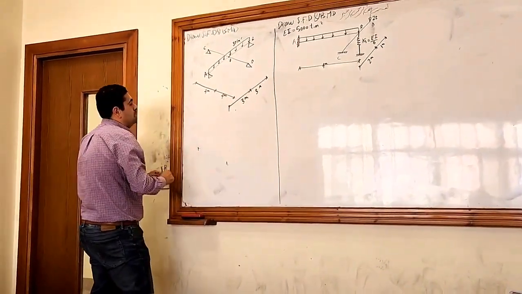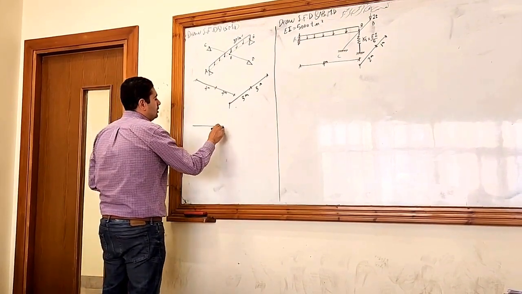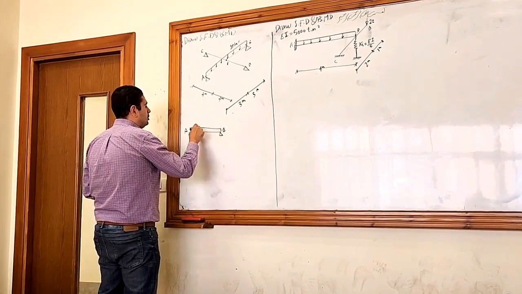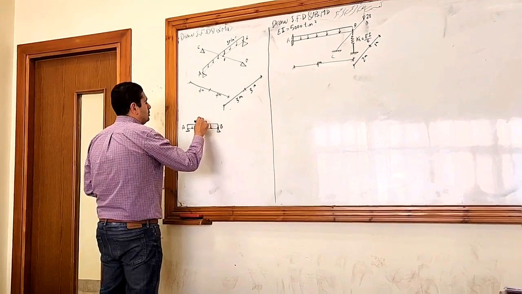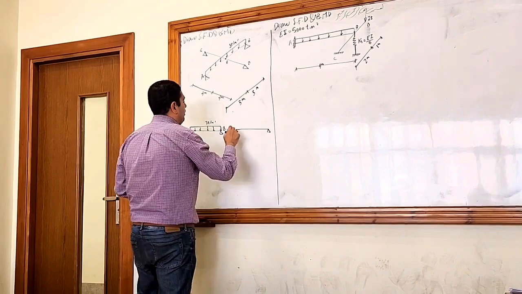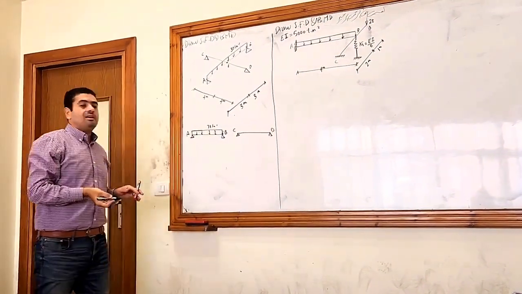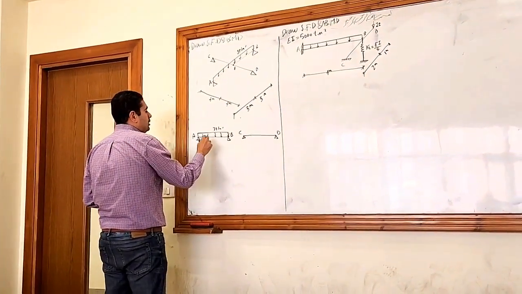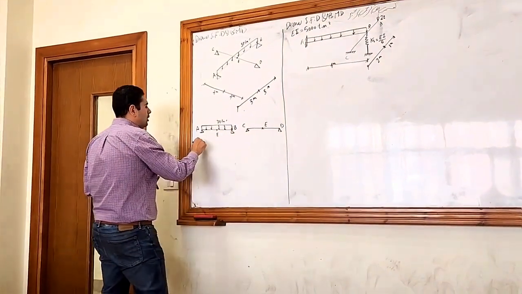So here is the first beam, AB, that has a uniform distributed load. And here is the second beam, and they are on the same level, CD, that doesn't have any loads. Point E is in the middle of this one, and in this one too.